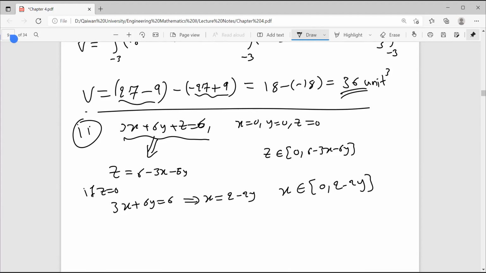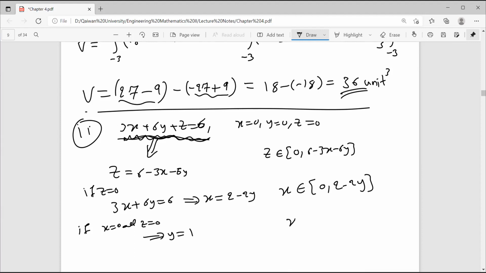How about y? If x and z are both 0, what do we get? We get 6y equals 6. Is it? Here, if x and z are 0, we get that 6y equals 6, so y equals 1.